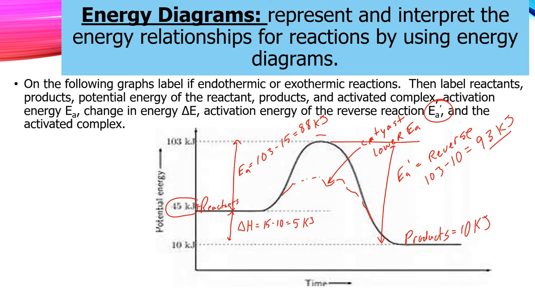Again, your activated complex is up top. I'm just going to call it AC and refer to right here. That's what that is, activated complex. Delta H going forward is negative because it's being given off. Going backwards is positive.